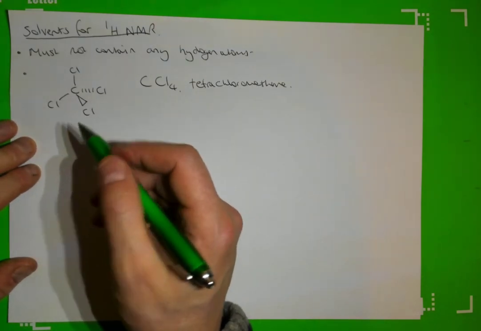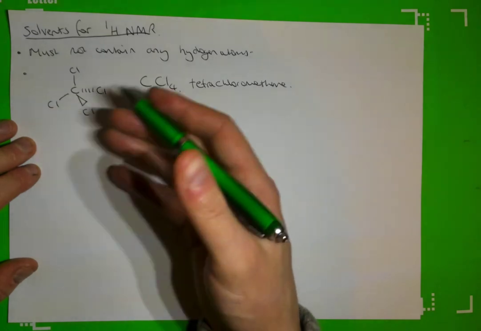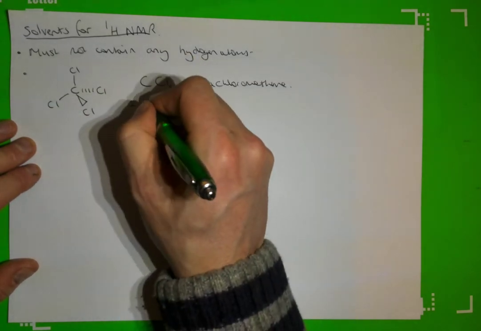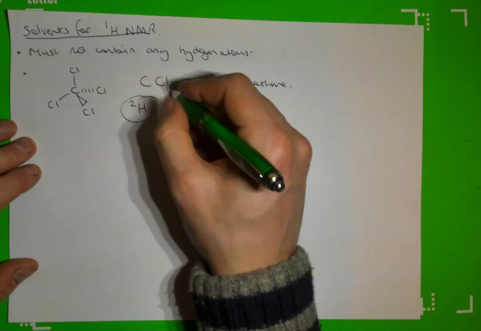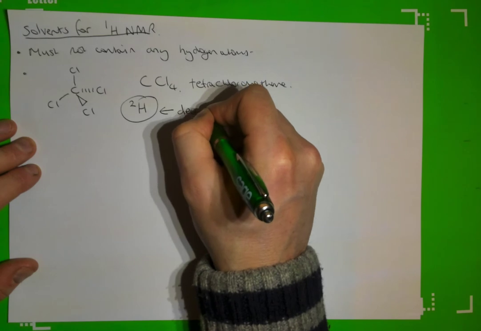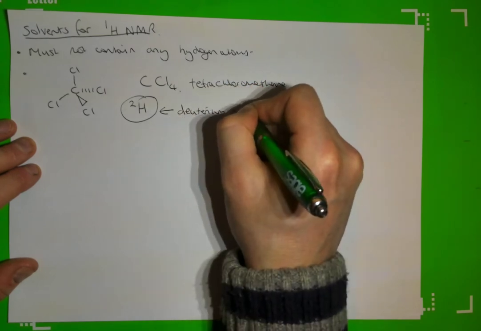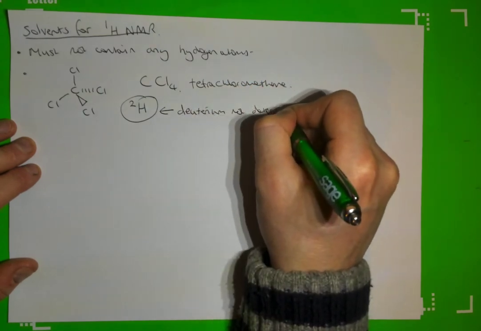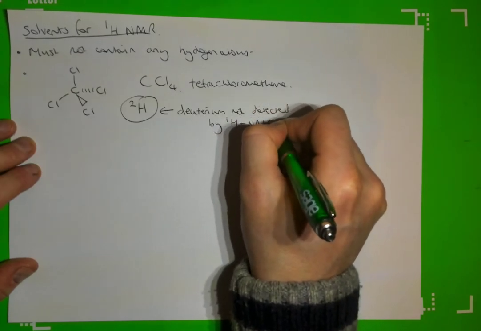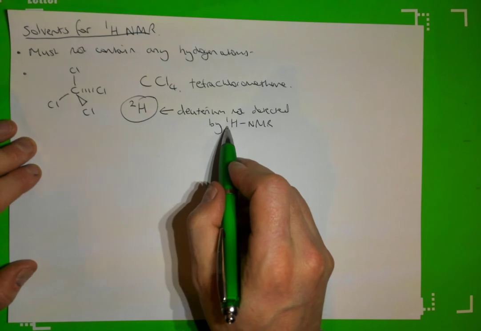Or otherwise, if you need a hydrogen-containing solvent, you don't have to use ordinary hydrogen. You can use another isotope of hydrogen, deuterium, which is not detected by NMR, because this is proton NMR, isn't it? Which is this isotope of hydrogen.